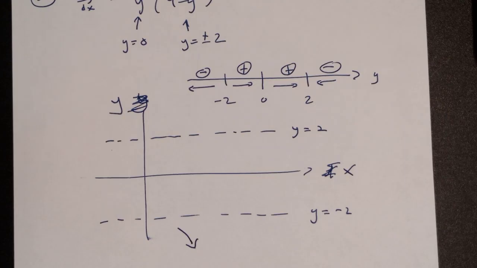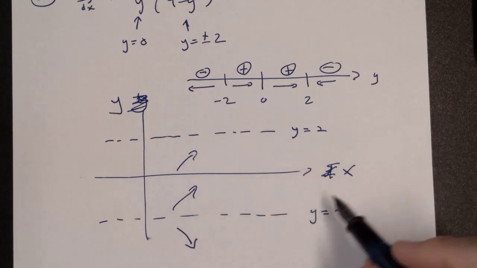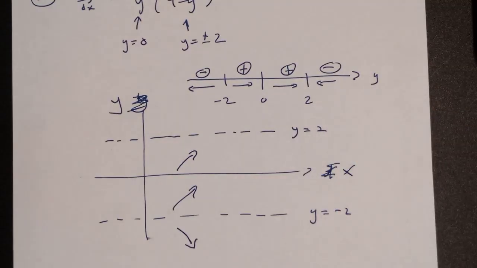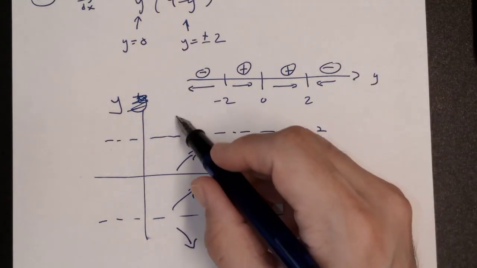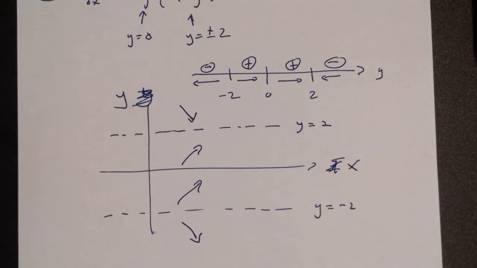The plus between -2 and 0 means those arrows point up. What about the plus between 0 and 2? Same thing. And above 2.